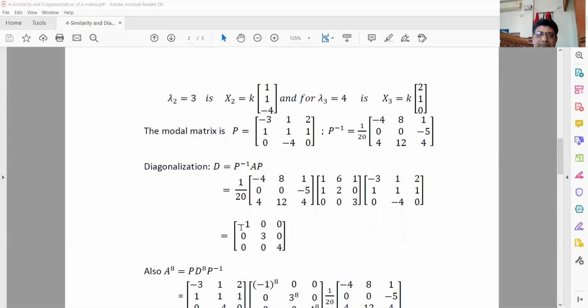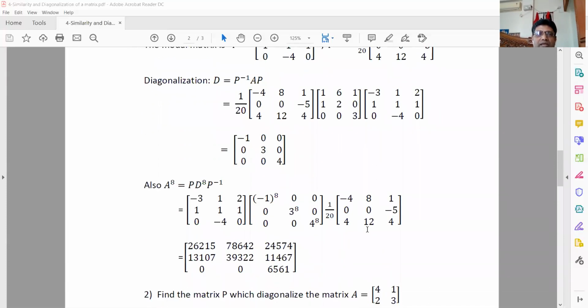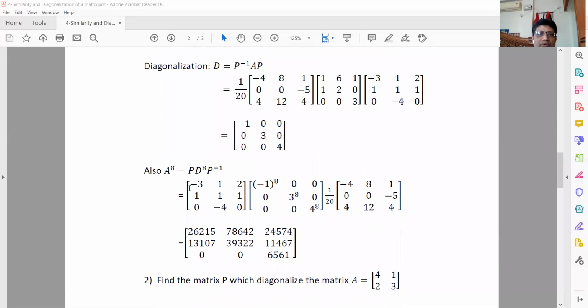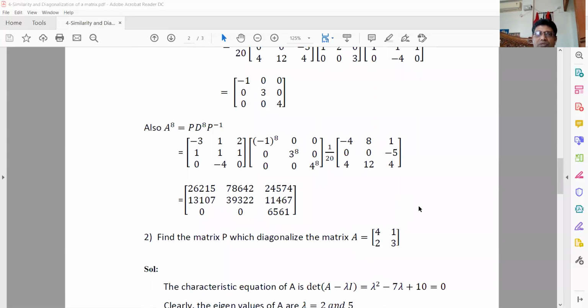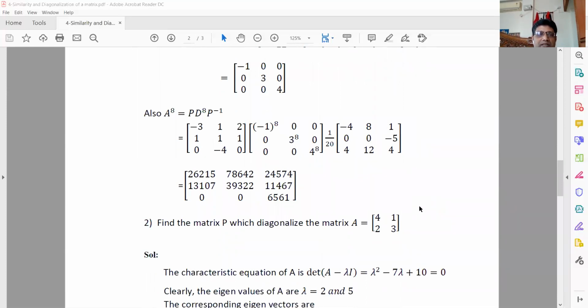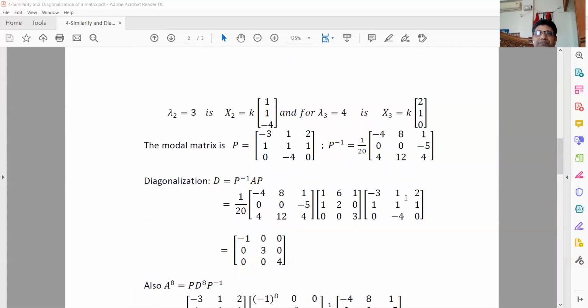And remember, the leading diagonal entries are nothing but the eigenvalues of the given matrix. To calculate the powers, you have to use this formula, A power n equals P D power n P inverse. Whatever power they are asking, just plug in that value here. So this is the procedure to diagonalize a matrix. I hope you understood these problems.